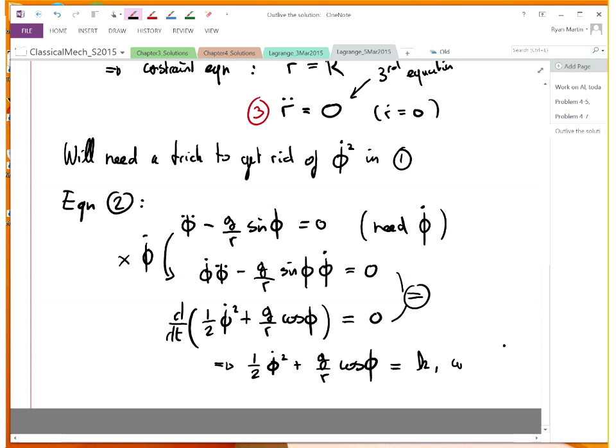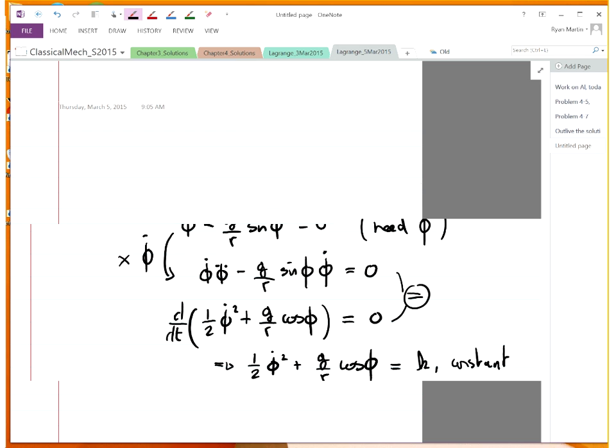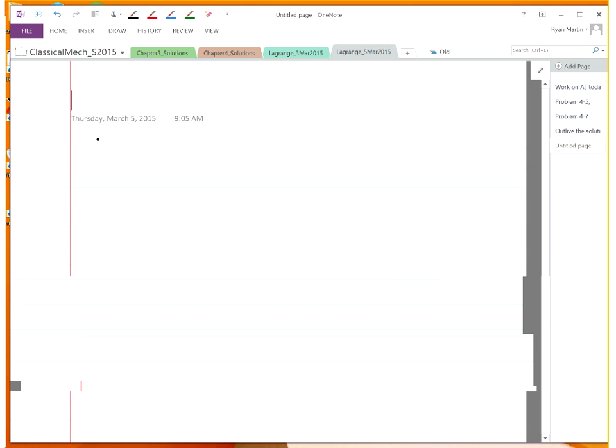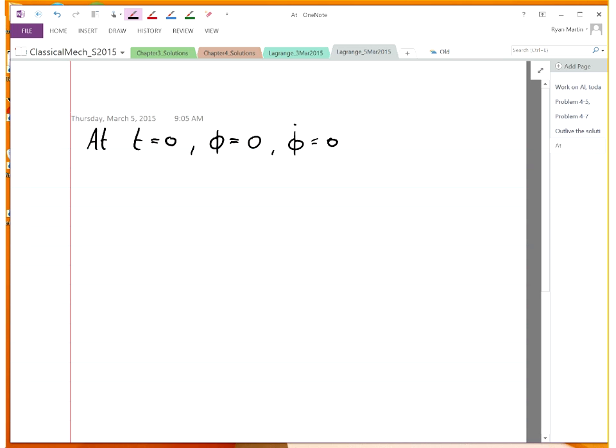Let's call it K. I need to be able to evaluate that constant. We can evaluate that constant because at time t equals 0, phi is equal to 0, and phi dot is equal to 0. We said that the block starts at rest from the top.